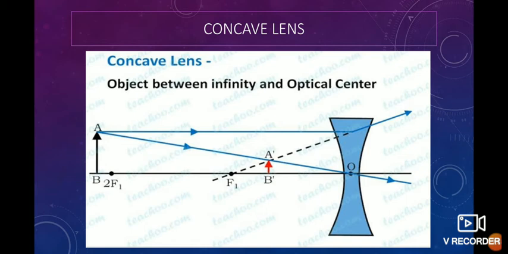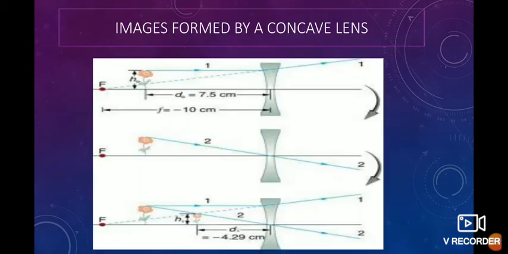So concave lenses are called diverging lenses. If you see the images formed by the concave lens, the image is always diminished, small, virtual and erect. So the images formed by a concave lens are diminished, virtual and erect.